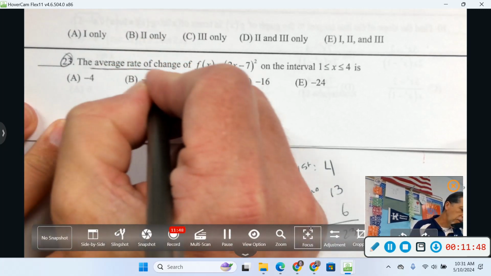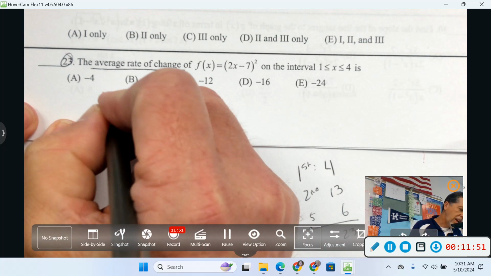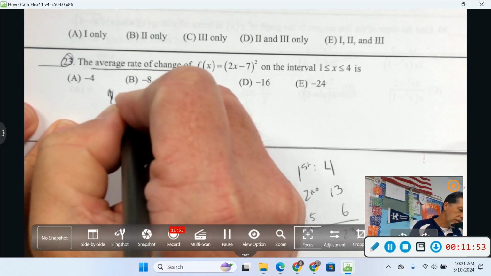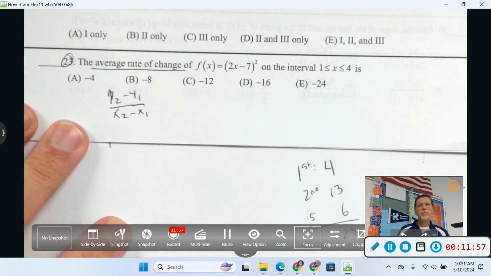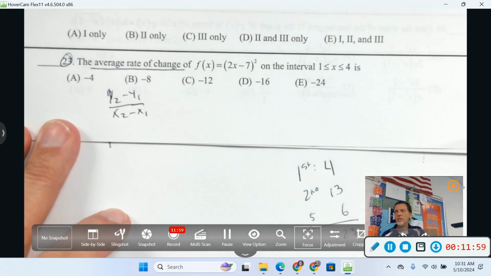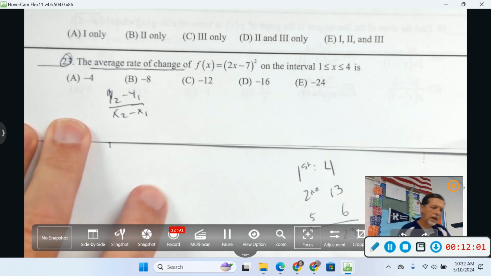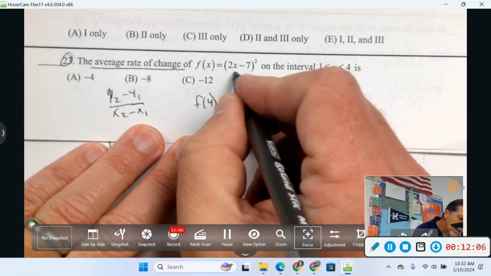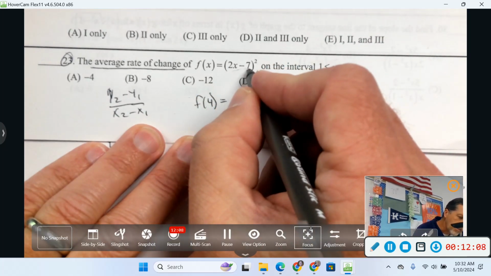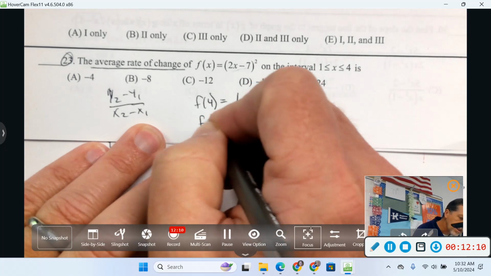23, average rate of change. That's good old algebra slope. So yeah, this is an Algebra 1 question, sneaking into our pre-cal packet here. So I need f of 4. 2 times 4 is 8, minus 7 is 1, 1 squared is 1.